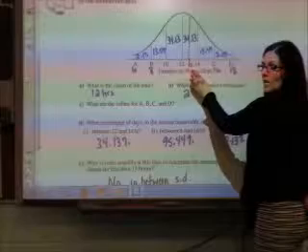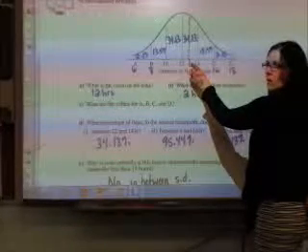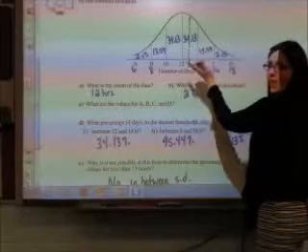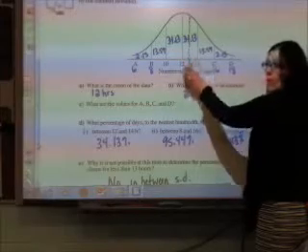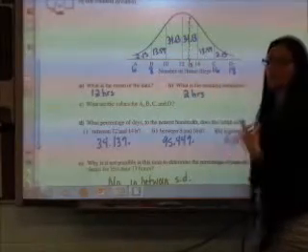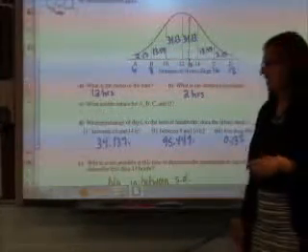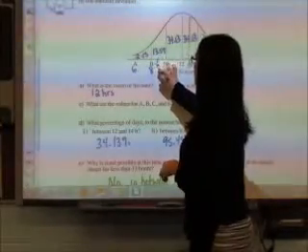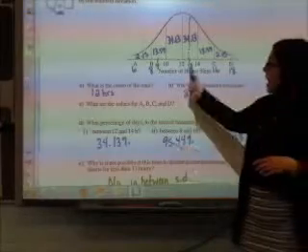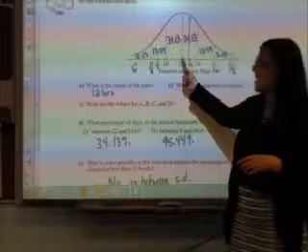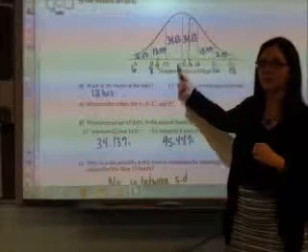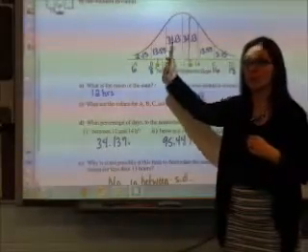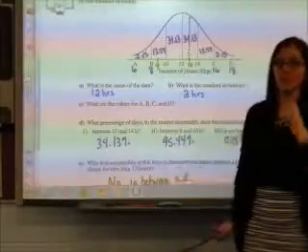If 2 hours is one standard deviation, what's 1 hour? 0.5. So this would be 0.5 of a standard deviation above the mean. If I wanted to know about 9 hours, 9 hours is how many standard deviations away from 12? 1.5. And because it's below, it would be -1.5.